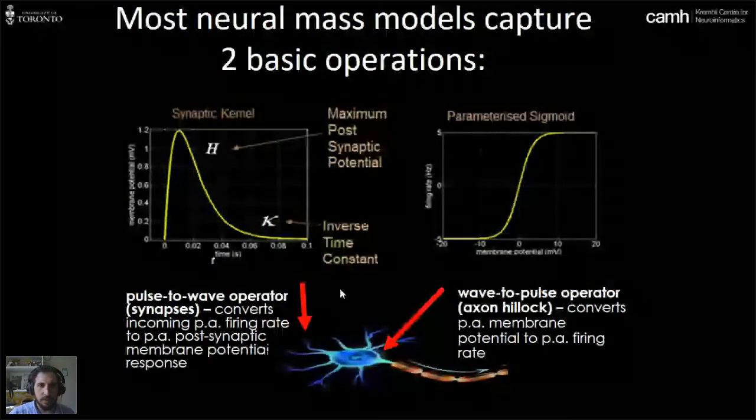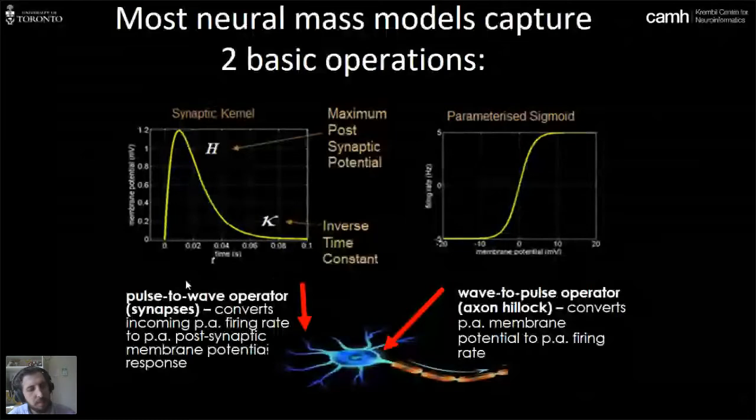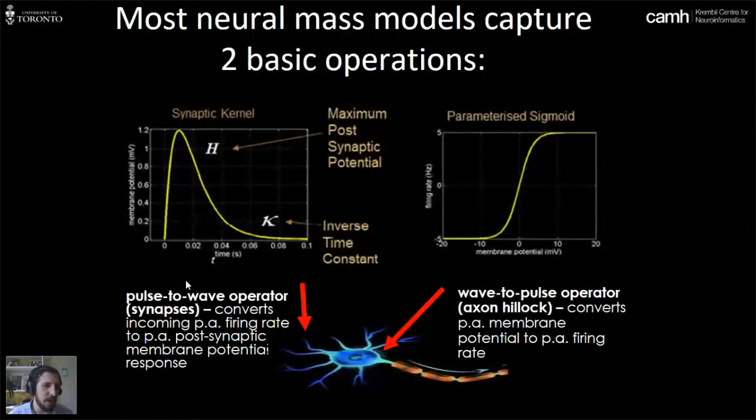So, looking at these 2 operators: on the left-hand side, the operator acting at the synapses is often called, and this terminology goes back to Walter Freeman from the 60s, a pulse to wave conversion. Pulse here refers to a firing rate, and wave refers to a continuous valued membrane potential.